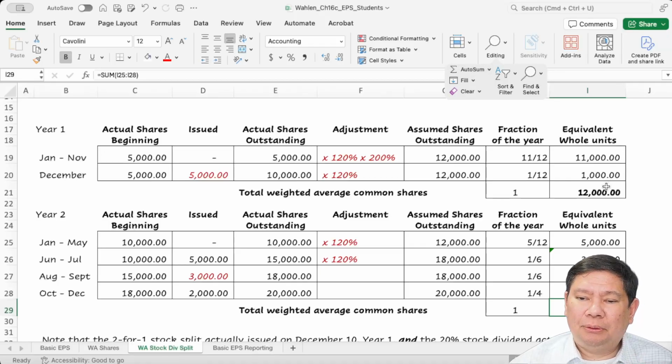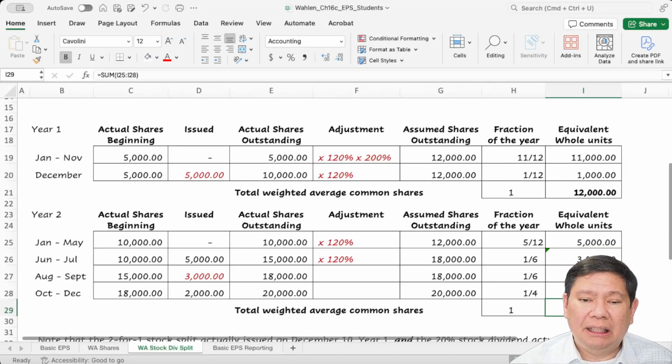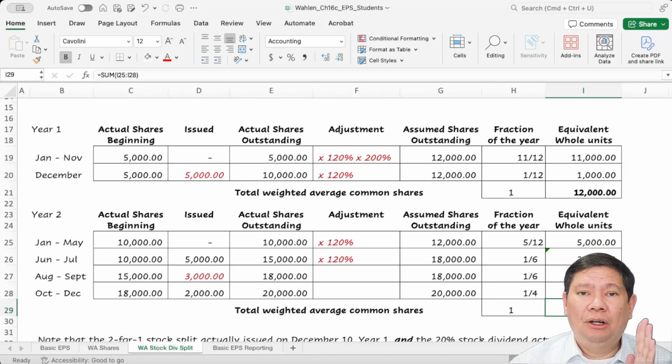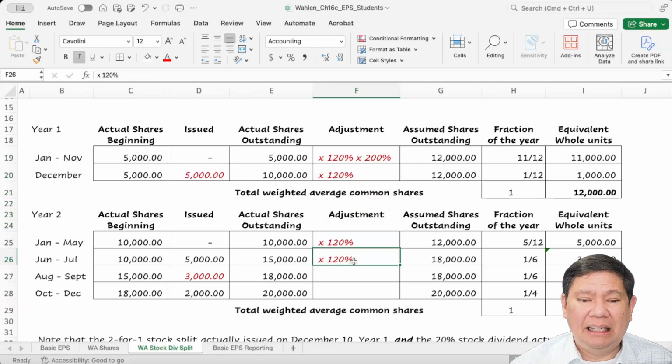So we have 12,000 for year 1, and 16,000 for year 2. Those are the denominators we use to calculate the earnings per share. And that's how we make these adjustments for stock dividends and stock splits. Thank you for watching.